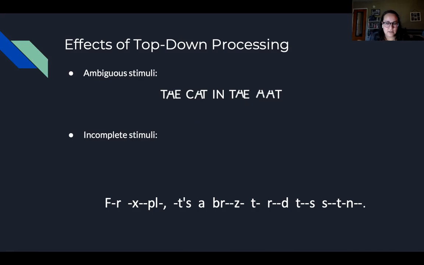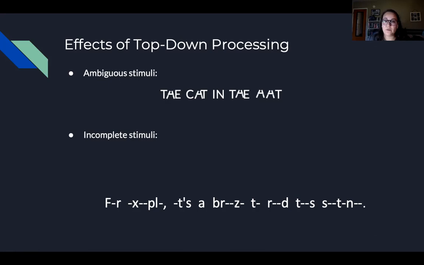With respect to speed of processing, it's almost impossible for us to do a full feature analysis in the time that it takes us to identify stimuli. Let's say we're estimating that each letter has 4 features on average.